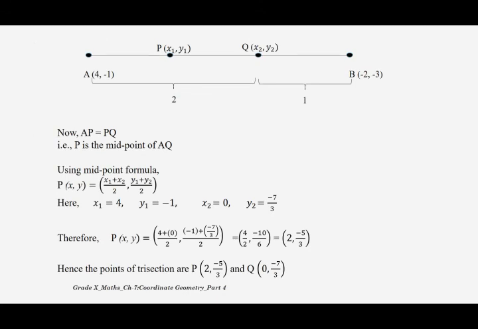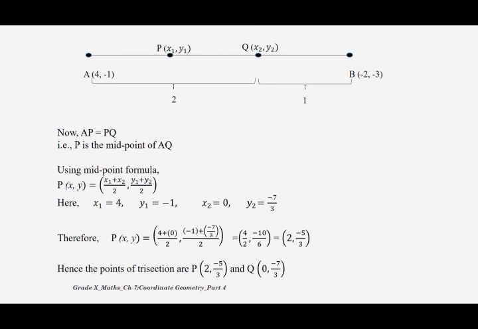Whenever we have a question of trisection, one point we find by using the ratio 2:1 and the other point we find by the midpoint formula, because each and every part is equal. So AP equal to PQ, that means P is the midpoint of AQ. Because midpoint formula is easier compared to section formula, we will use this method.